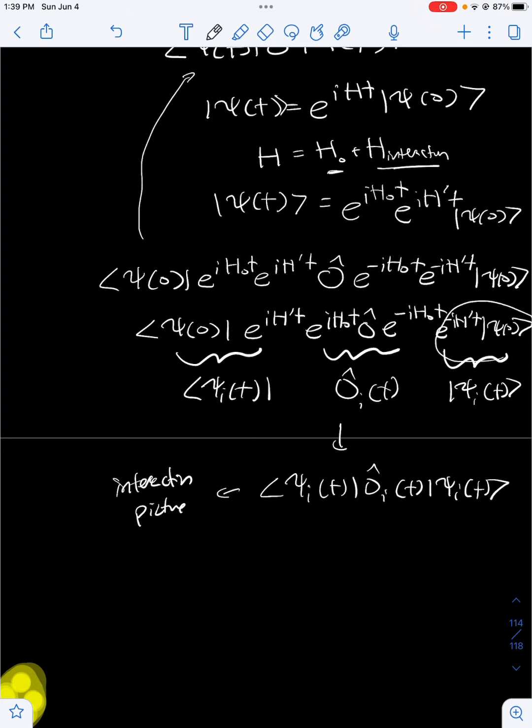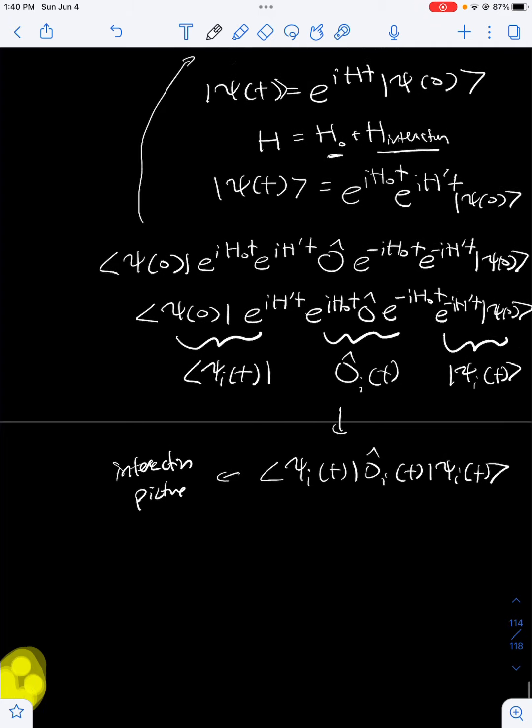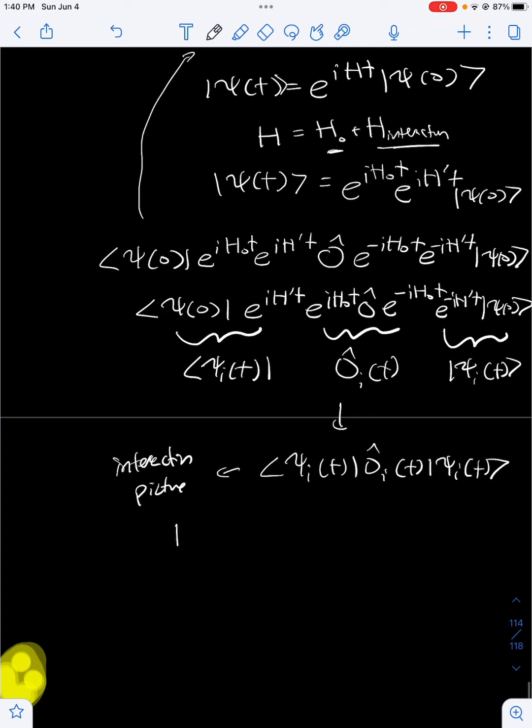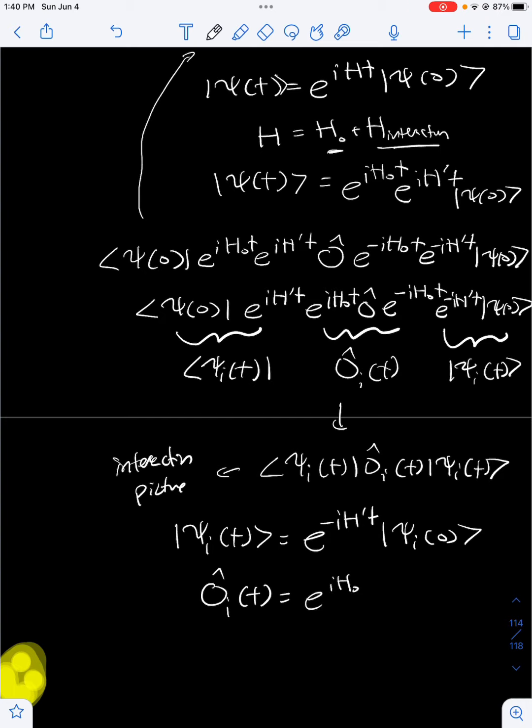And we let our operators evolve with the free parts of the Hamiltonian, which means that psi I of t equals e to the minus i h prime t psi I of 0, or just psi of 0, doesn't really matter. O I of t equals the same thing we had before, but with the free part of it.